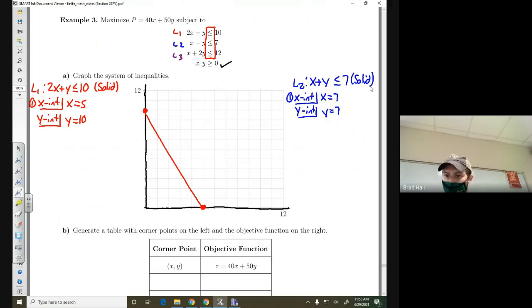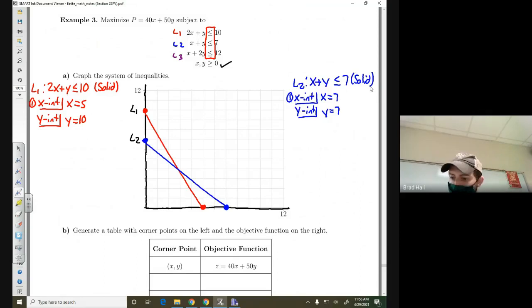Actually, let me go ahead and plot the second line. And again, I do recommend each time you draw a line, putting L1, L2 next to the corresponding lines, as I have here.